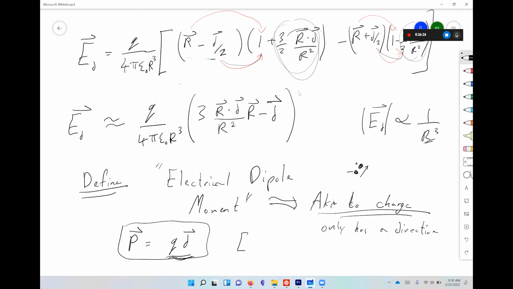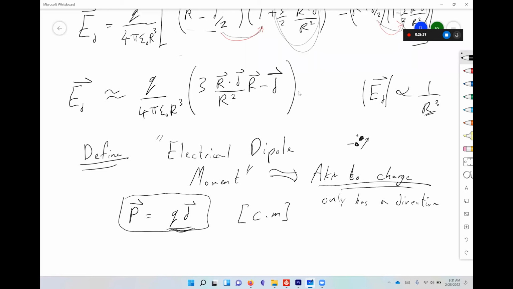The Coulomb meter. Right? Q is charge, and displacement D is distance. That's it. So what I can do is I can take Q inside. If I take Q inside, Q multiplies D gives me P.